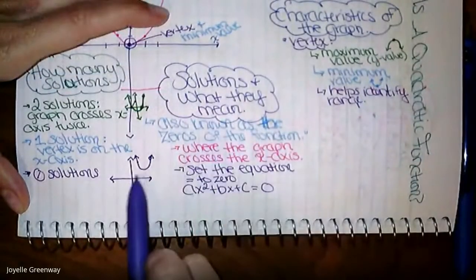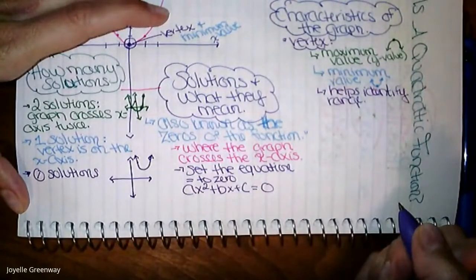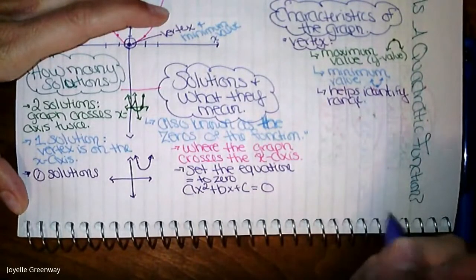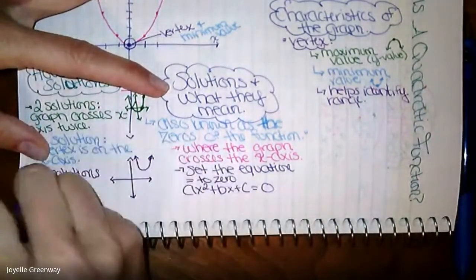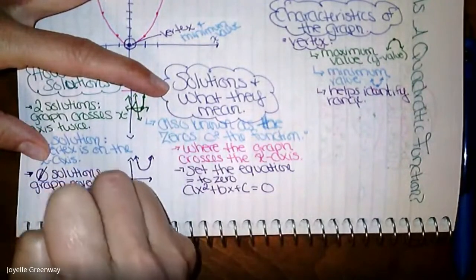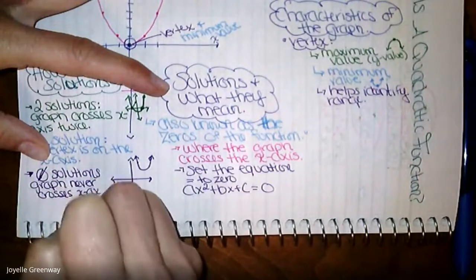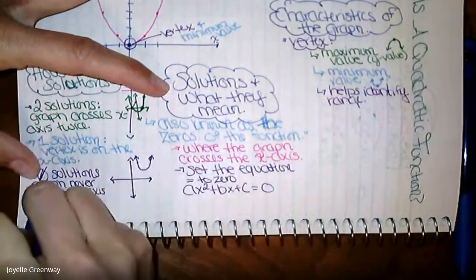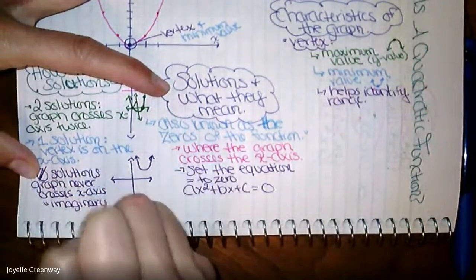See how your graph doesn't cross your axis? And you have imaginary roots. So no solution: the graph never crosses the x-axis, and you have imaginary roots.